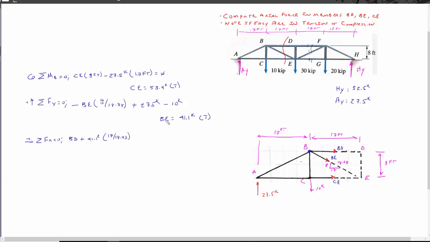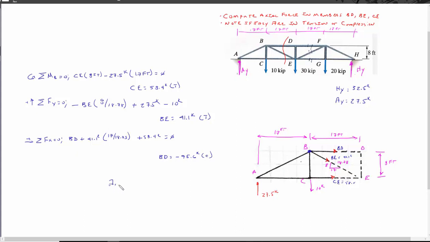Again, you could use your angle, plus 58.4 kips. That was the member CE right here. That was 58.4, and BE was 41.1 kips. And both in tension, and I'm keeping it in tension. I didn't change the arrow. Is all equal to 0. So BD comes out to be a negative 95.6 kips. So that's going to be in compression.